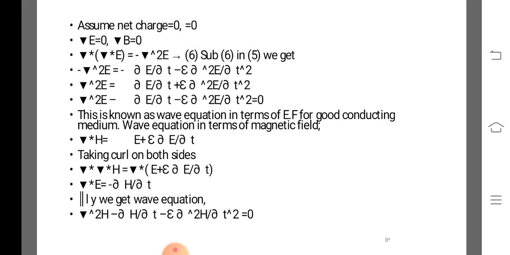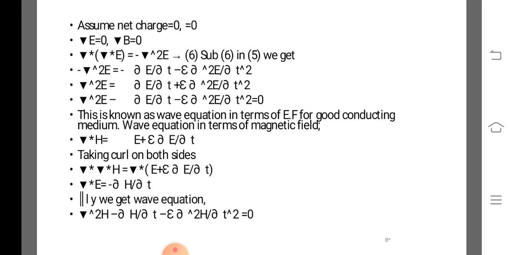Finally, the wave equation in terms of E and H for a good conducting medium is del cross H equal to sigma E plus epsilon dou E by dou t. Taking curl on both sides, del cross del cross H equal to sigma del cross E plus epsilon dou/dou t of del cross E. So we can get del cross E equal to minus mu dou H by dou t.